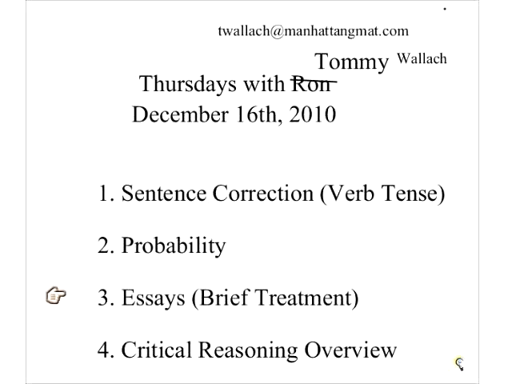Then a few people asked about essays. I don't want to waste too much time on essays because of their relative importance on the test, but I'll briefly give you my recommended outline for the 2 essays. And with whatever time we have, we can get as deep as possible into critical reasoning, which a fair number of people asked about. So that is the plan for today.